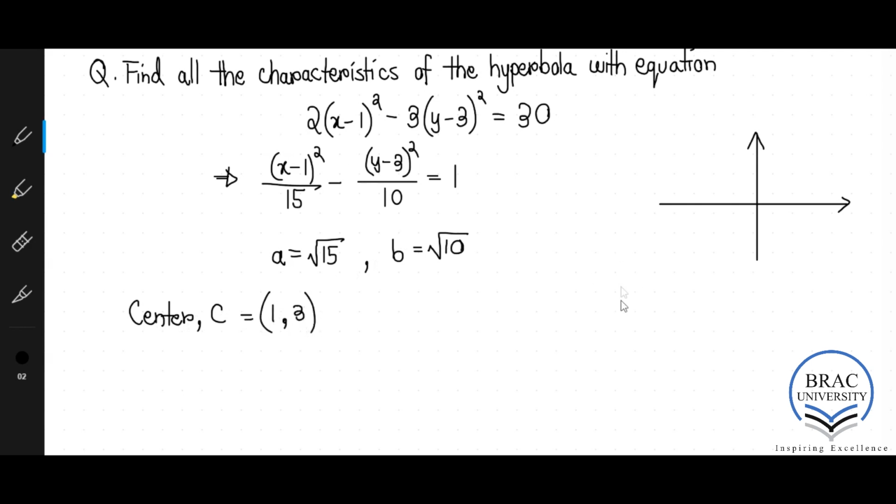You can convert this equation to standard form centered at the origin if you would like, and then you can set x equal to 0, which gives us x minus 1 equals 0 and x is equal to 1, and similarly for y.